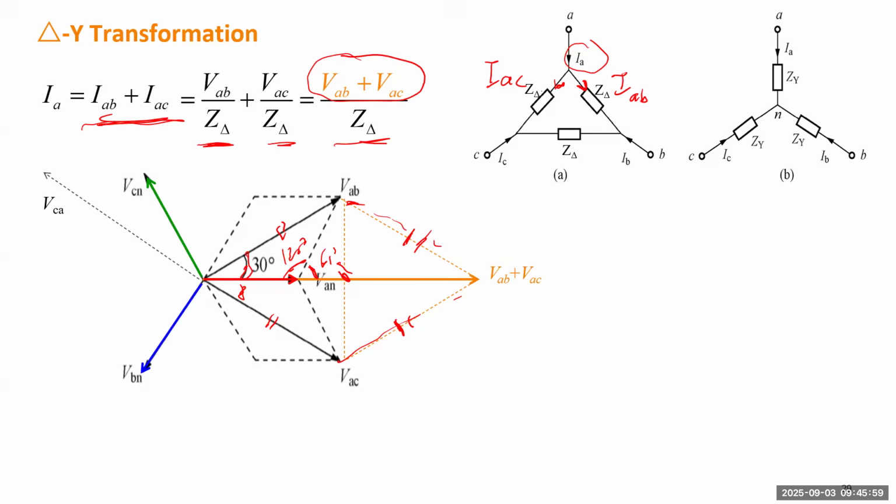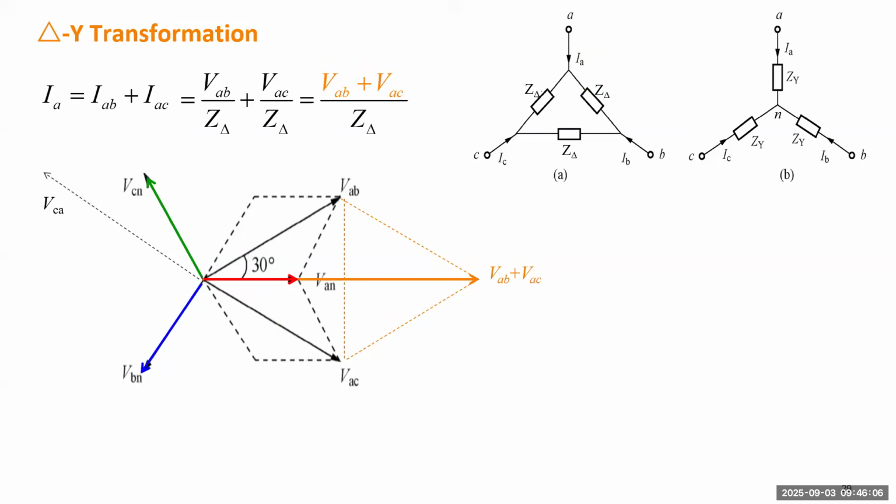So if this part is 1, what is this part? This is half. And this part is also 1 plus a half. So the total is 3. So this line is 3 times each edge, 3 times the VN.